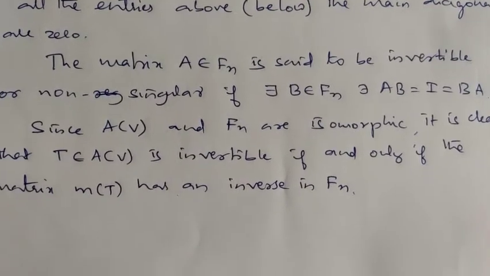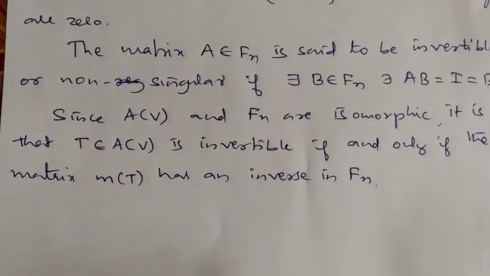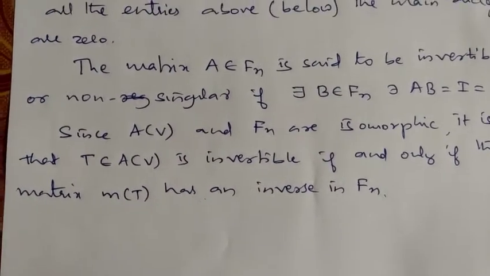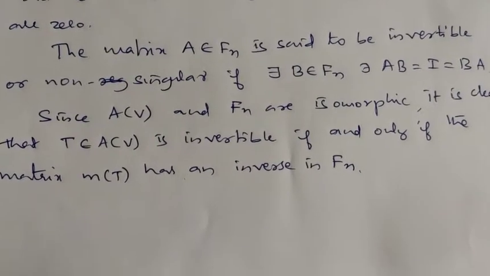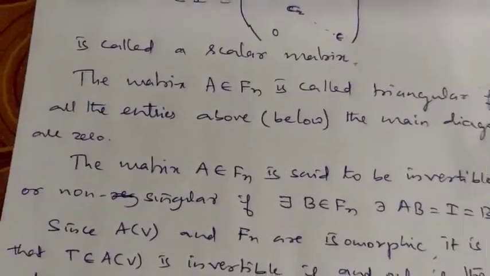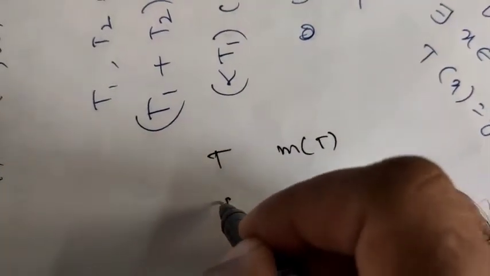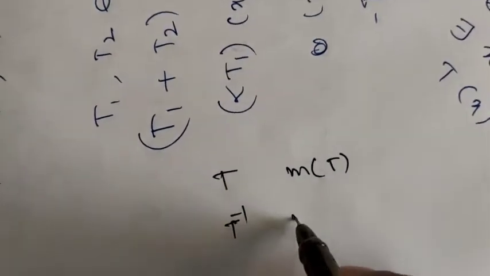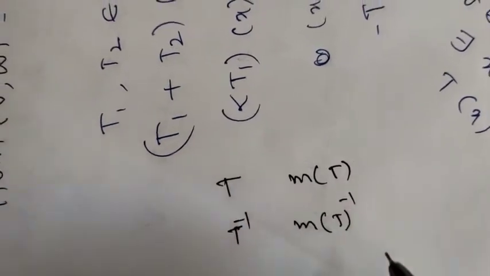So what will be the inverse of the particular transformation T? You will get the inverse of a matrix. Suppose the transformation is T, and m(T) is the matrix of T. Now suppose T is invertible and T inverse exists, so we have the matrix of T inverse.